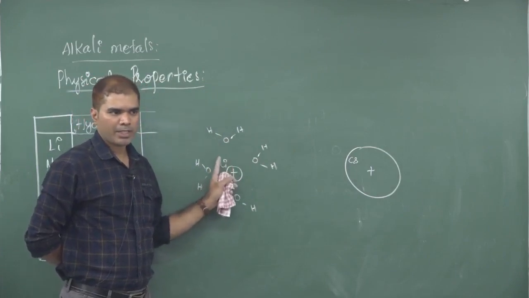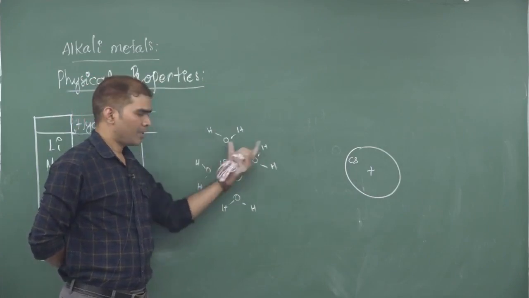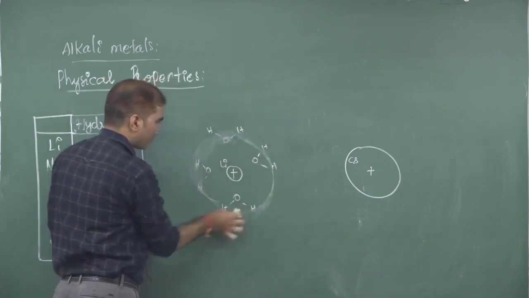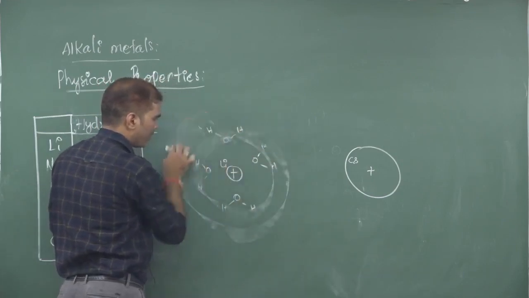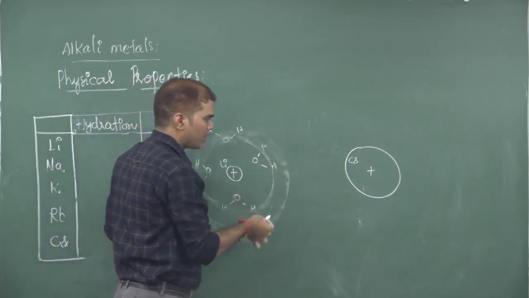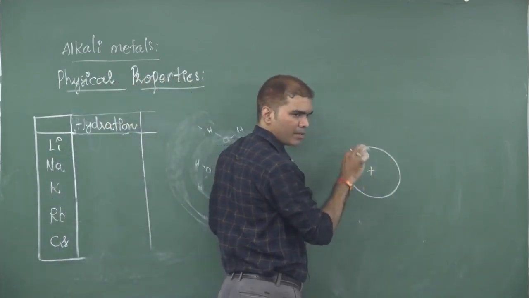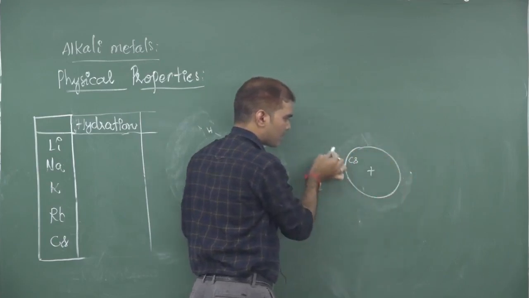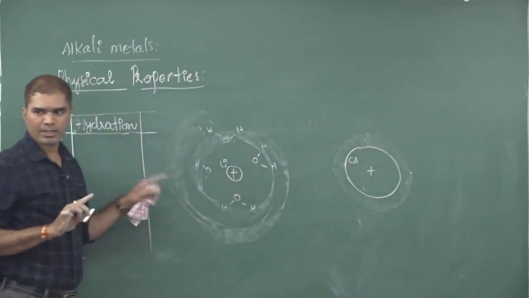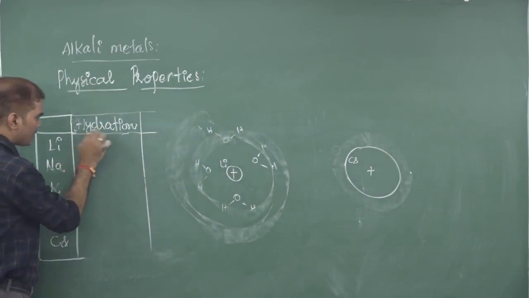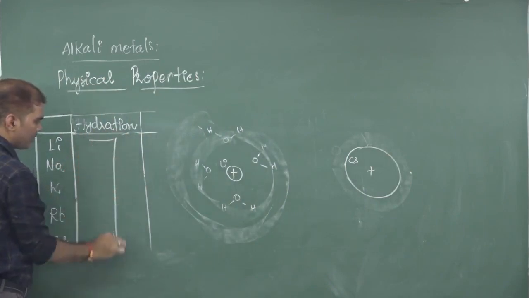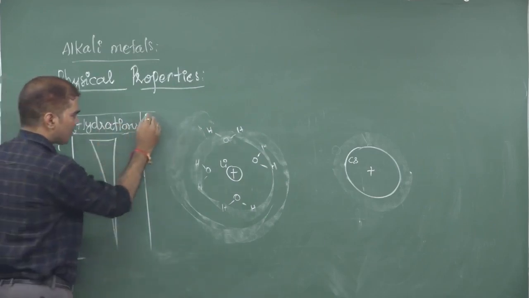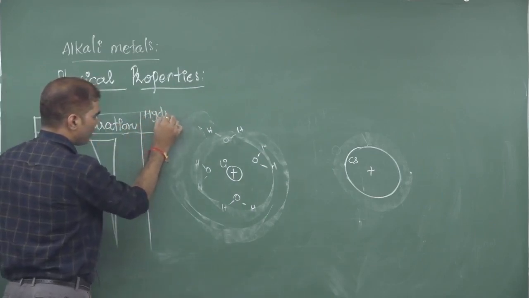So since the surface charge density is very high, it will attract water molecules to a greater extent. Therefore, many layers of solvent can be formed. Solvation will be very high. But when I come to cesium, the surface charge density is very low. Therefore, the process of hydration or solvation is less. Solvation is decreasing. What is happening to solvation or hydration? Hydration is decreasing. As hydration decreases, what is happening to hydration energy?